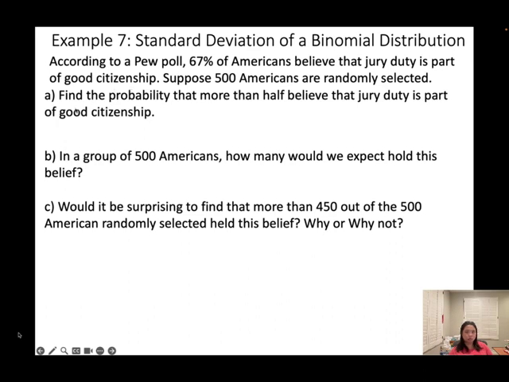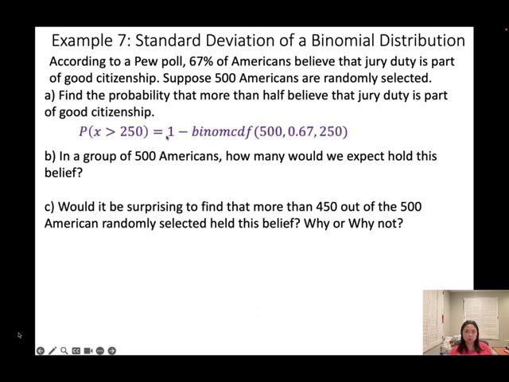And what they're looking for is the probability that more than half believe that jury duty is part of good citizenship. More than half. Okay, we do have 500 samples. More than half is talking about 250, right? So we're looking for x greater than 250.